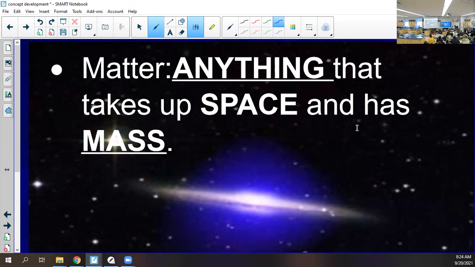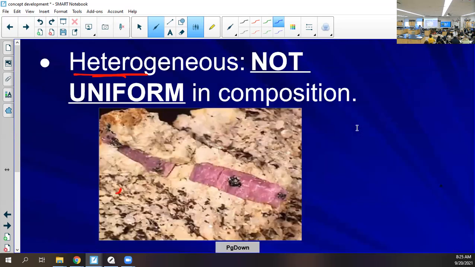Most slides I just imported, someone else made them, but whatever. It's really cheesy. But anyway, matter, anything that takes up space and has mass. I guess I said it backwards earlier. All right, 2 new words possibly to you. One is heterogeneous, and that means not uniform in composition.